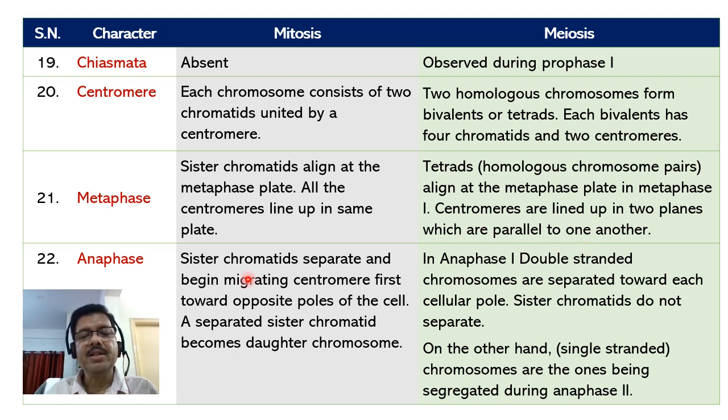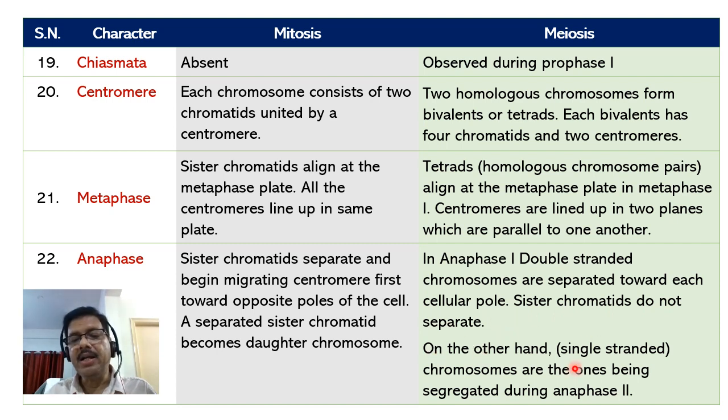In anaphase, sister chromatids separate and begin migrating, centromere first, toward the opposite poles of the cell. A separated sister chromatid becomes a daughter chromosome. In anaphase 1, double-stranded chromosomes are separated towards each cellular pole. Sister chromatids do not separate.